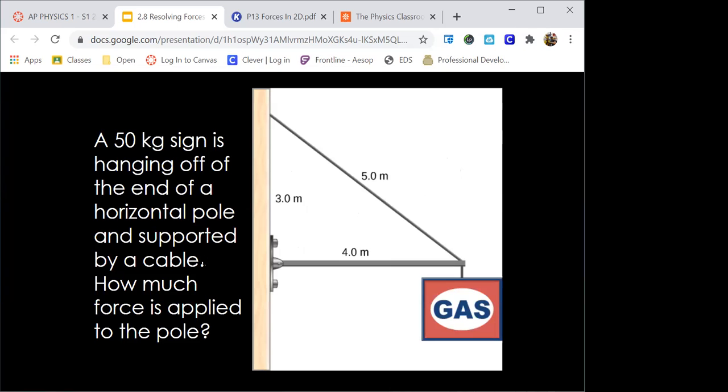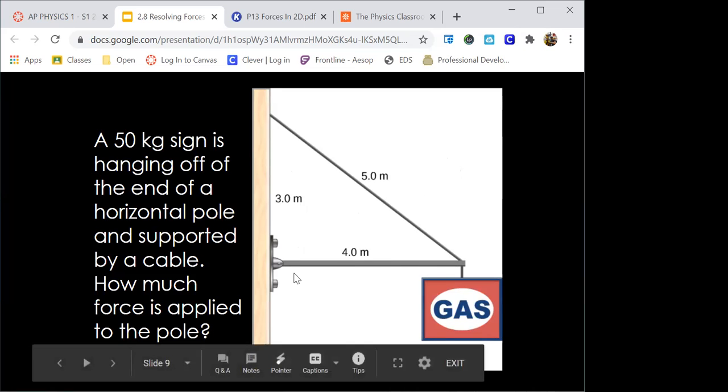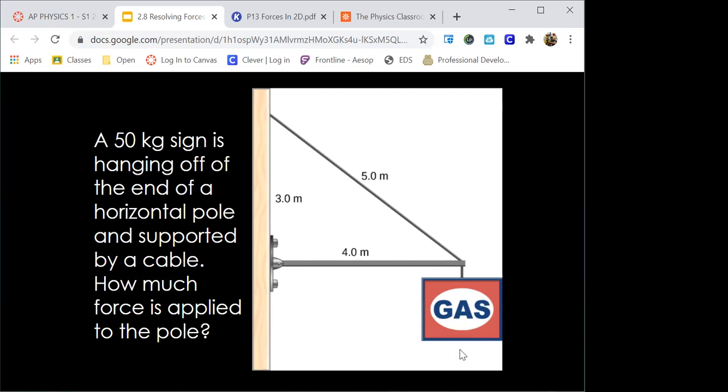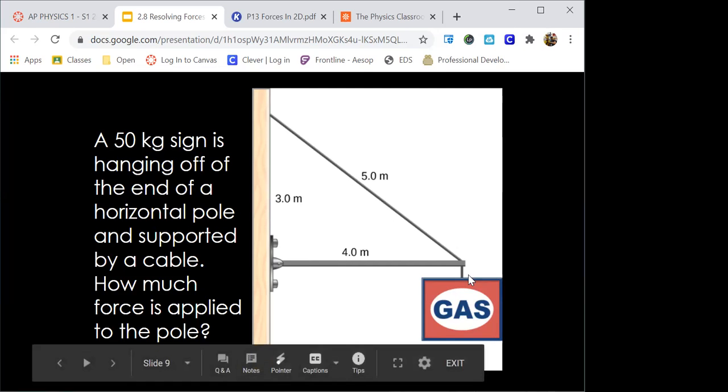Okay, so this brought us to our example, which was finding the force on the pole. If this sign has 50 kilograms of mass, then we're going to do 50 times 9.8. It's going to have 490 newtons of force pulling down. Now, if we cut the cable, obviously this whole thing is going to fall down.